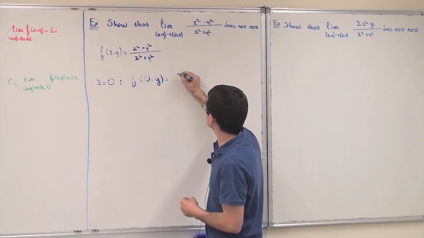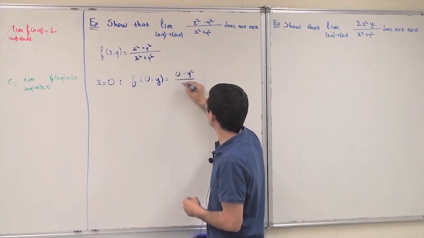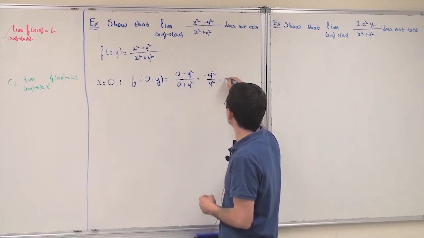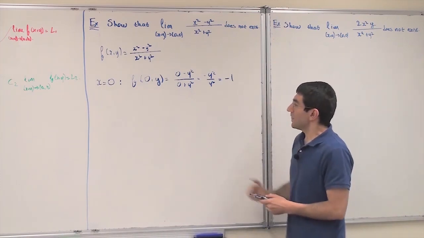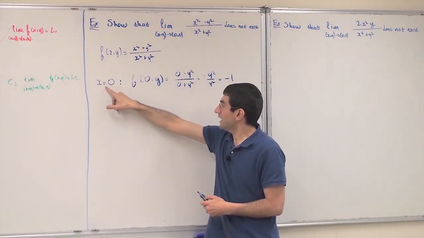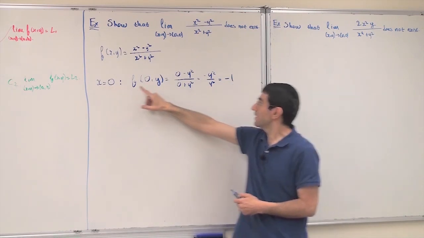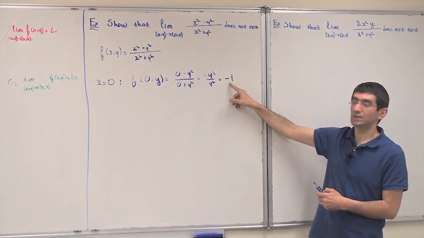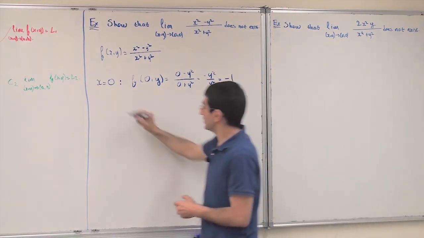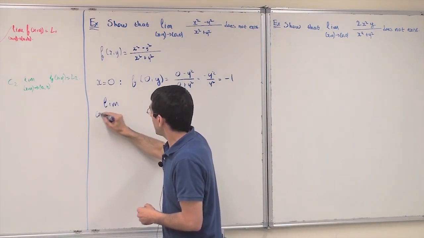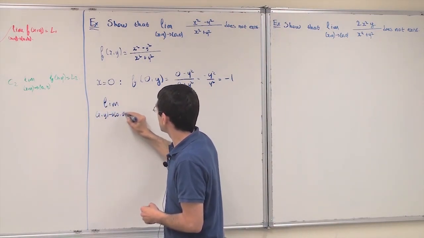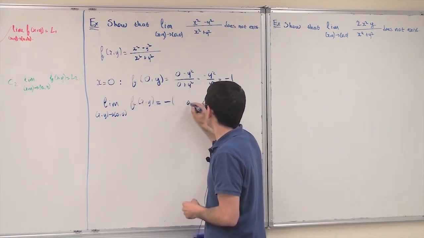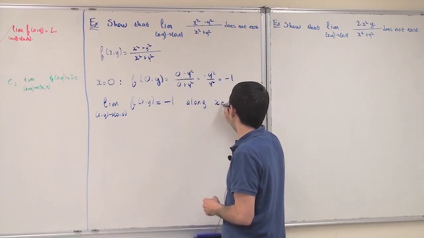Our function becomes 0 minus y squared over 0 plus y squared, which is negative y squared over y squared, which is equal to negative 1. So this means that along x equals 0, the function f of (x, y) is always equal to negative 1. And therefore, the limit as (x, y) approaches (0, 0) of the function is equal to negative 1 along x equals 0.